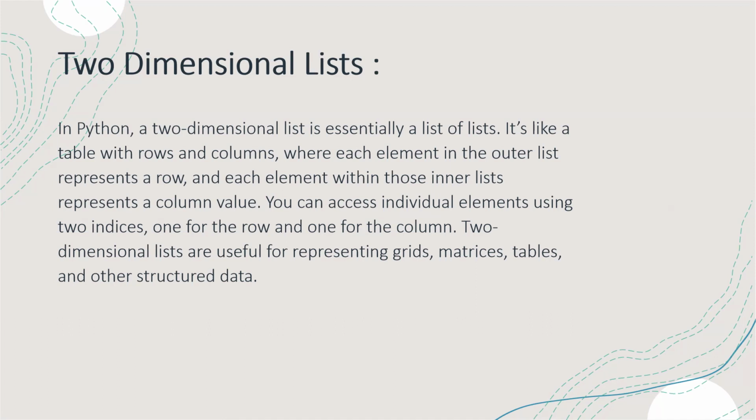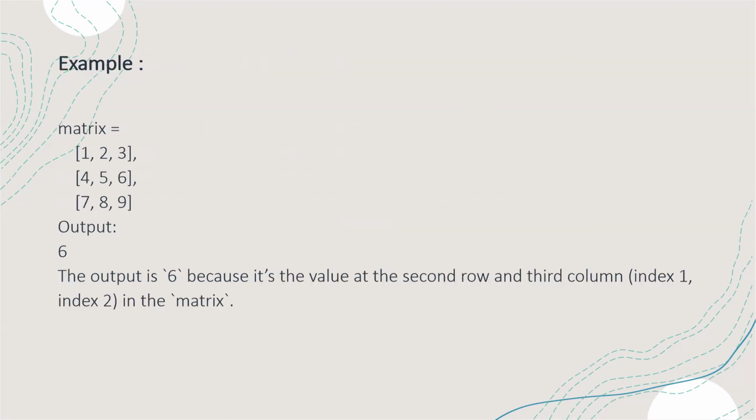Here, we can say that a two-dimensional list means a list within another list. And just like in a 2D Cartesian graph, retrieving an element requires two values. Here, the outer list represents a row and the inner list represents a column.